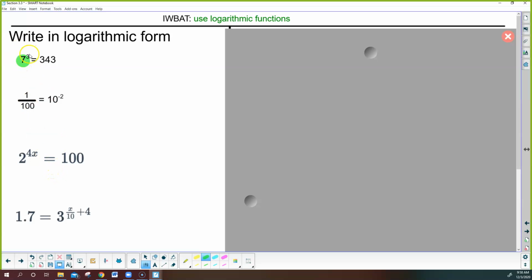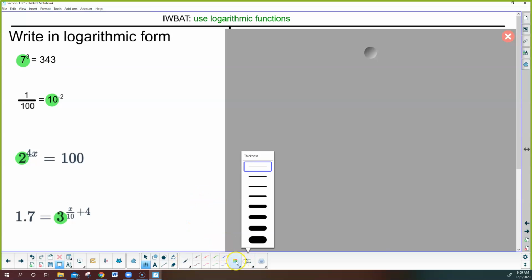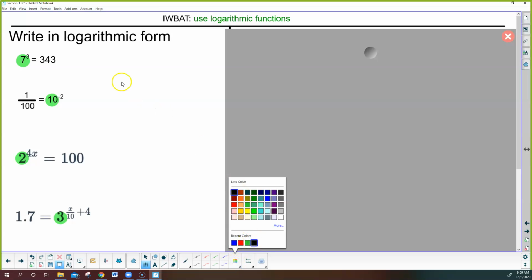And the first thing I usually do is identify what's the base. Right, so I'm going to look at the exponents. I've got 7 to the third power. There's my base. On the next one, since I have my highlighter, I'm just going to highlight all these. I've got 10 to the negative second power. Those are my bases. Here I've got 2 to the fourth power, and this isn't written perfectly, but this base is 3. So those are all the bases. They're going to be the base part of the log. And then all we do is switch the spot of the x's and the y's.